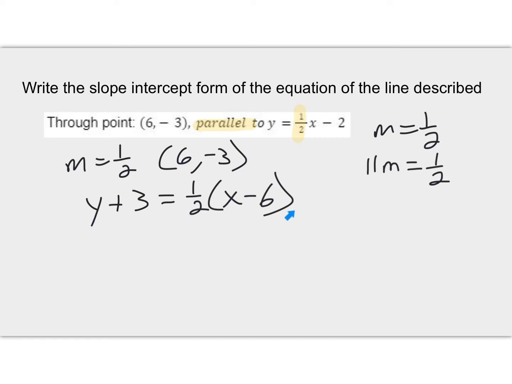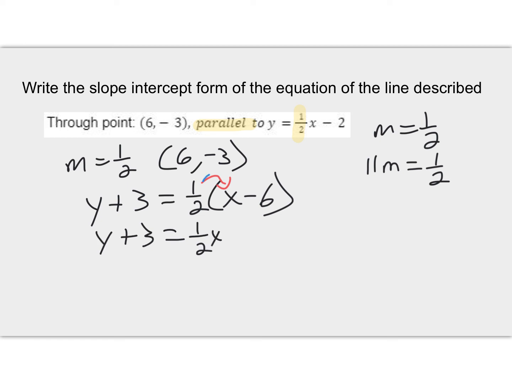This is in point slope. So the first thing I'm going to do is distribute this 1/2 to both of these terms inside the parentheses. So I'll just keep working. I have y plus 3 equals, well, we have to do 1/2 of x. Well, 1/2 of x, we just write 1/2 times x.